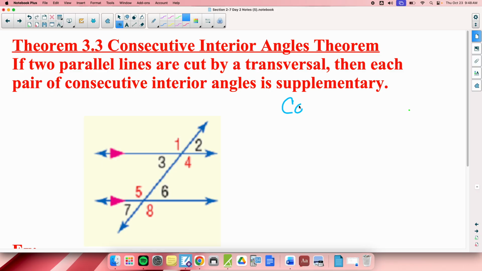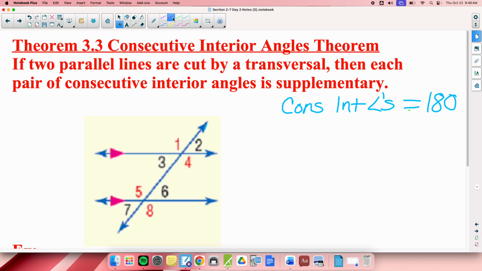So consecutive interior angles equal 180, or you could think of it as supplementary. Remember, consecutive yesterday meant on the same side of our transversal, and interior meant they were inside of here.